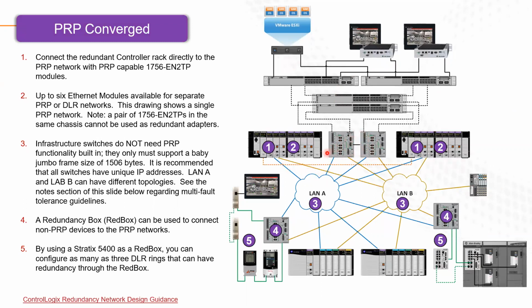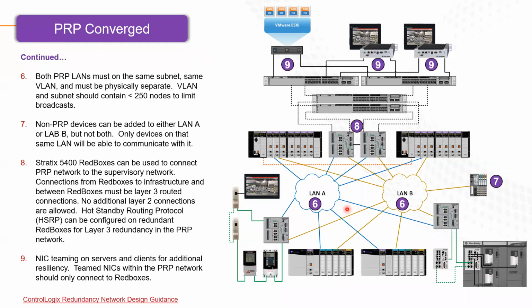We're using this one switch to converge the plant floor and the control and possibly the enterprise levels through this redundant 5400 pair here, and basically doing the same type of architecture we just talked about a minute ago.